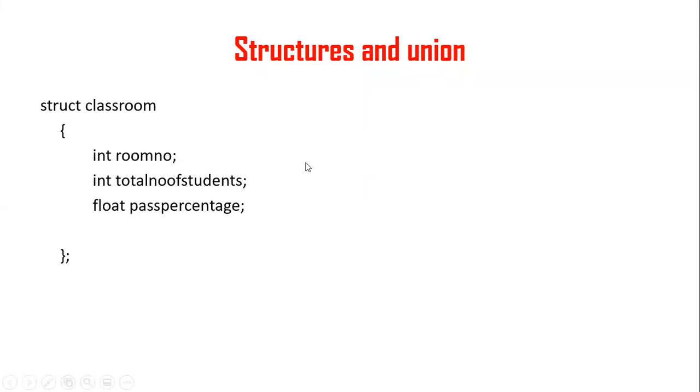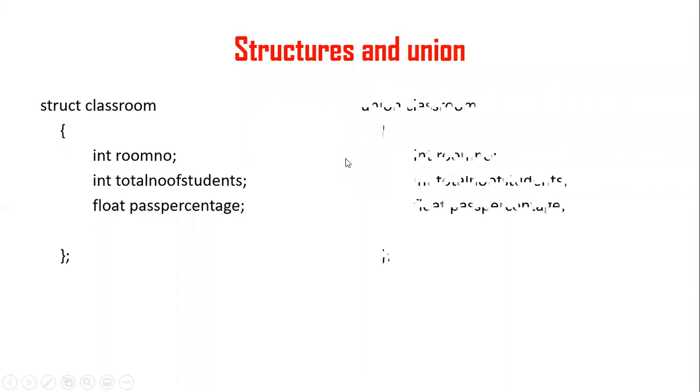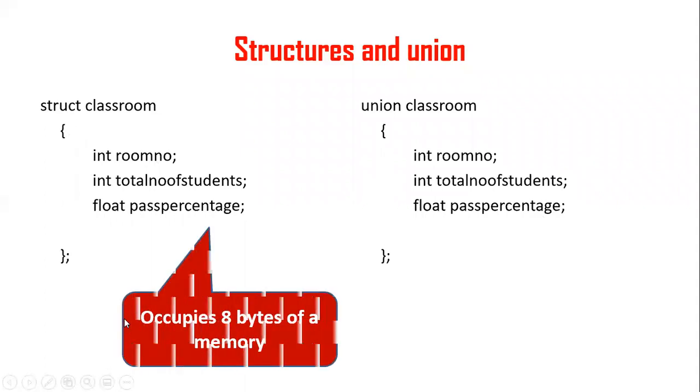Here I have given the structure of the classroom that we discussed just now, and also the union. As I told you, there is no big difference except the implementation part. Here we have struct and here we have union. That's the only difference. Otherwise, all the details remain the same.